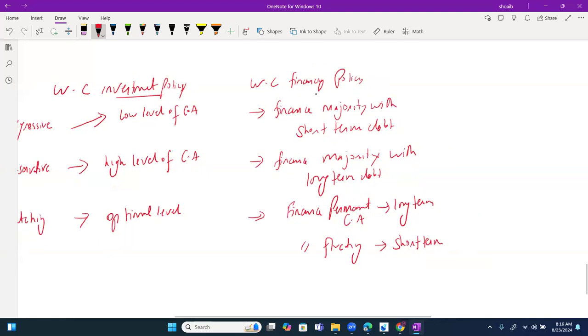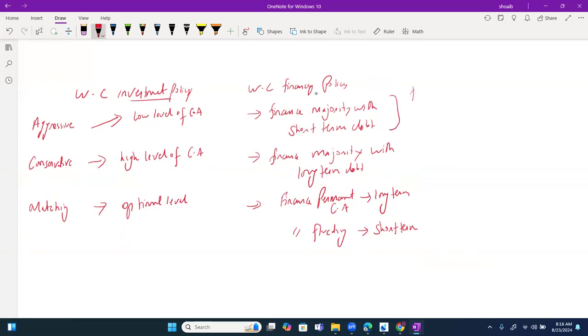They're trying to finance fluctuating and permanent with short-term.